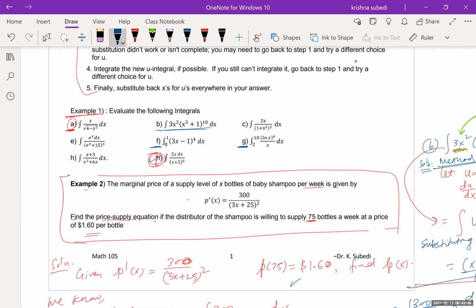I'll provide the detailed solution of every single question in my lecture notes later in Canvas. But right now, if you have time, you may want to work on part F quickly, and E also, maybe E and F. Let's try that.